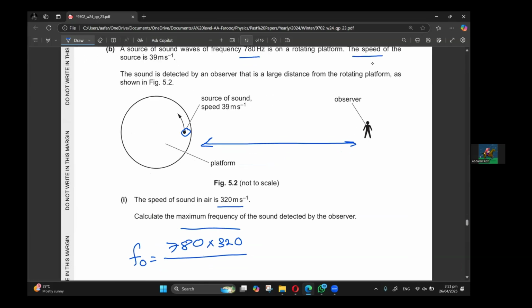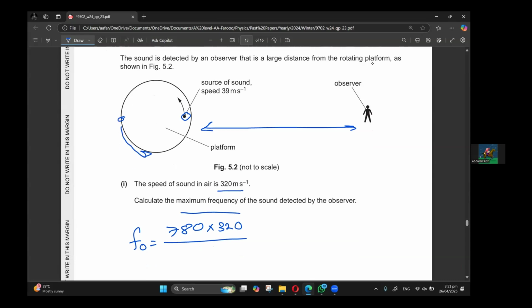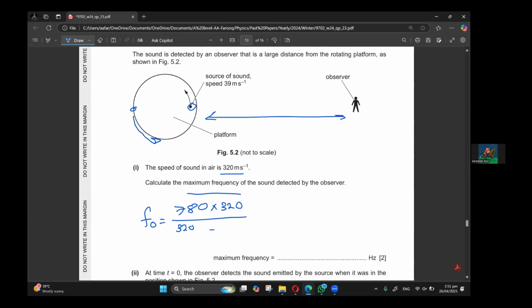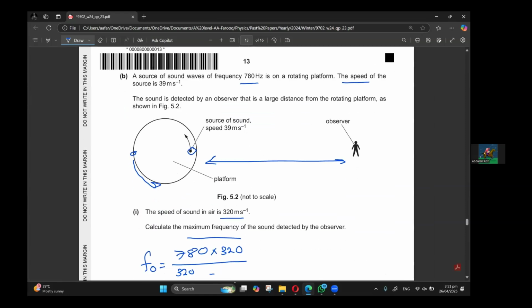Maximum frequency will be when the source of sound is moving towards the observer. So we will do minus: speed of sound minus speed of source, 39. We get 890.